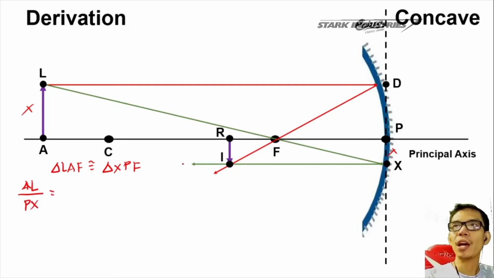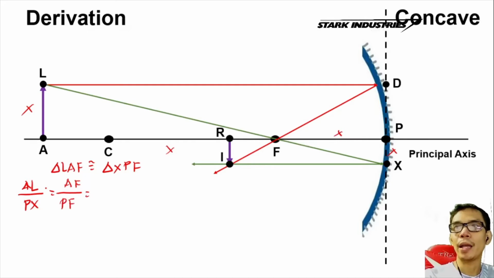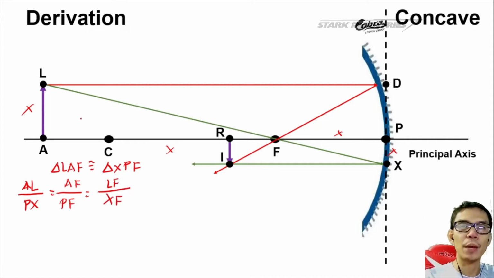Then the next one, we have AF and the corresponding side PF. Next we have LF and XF.